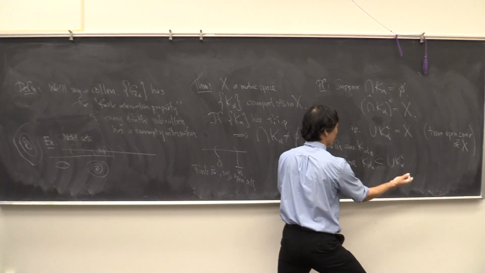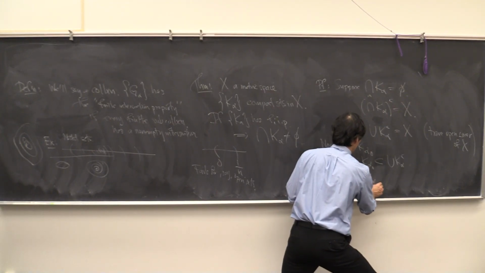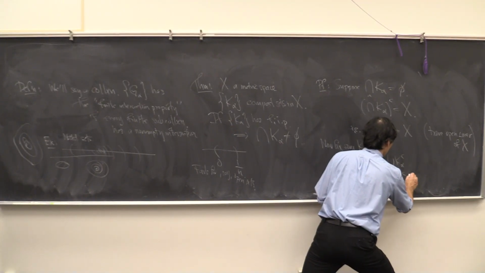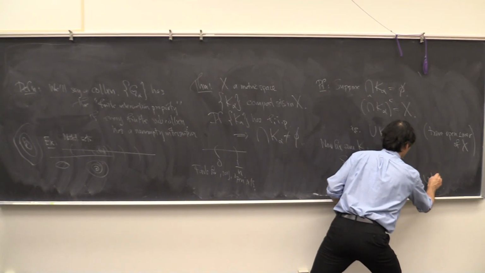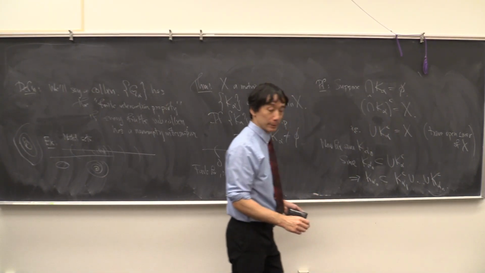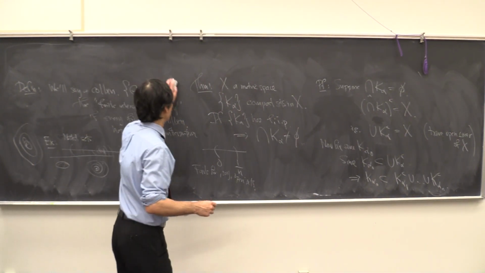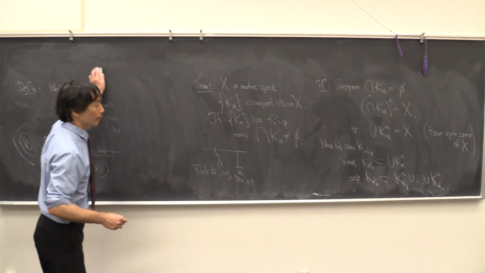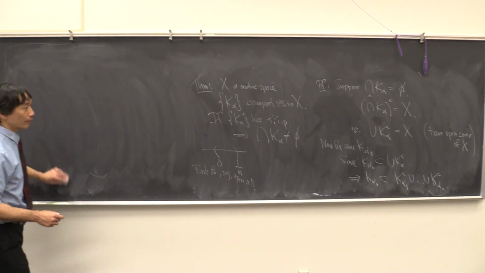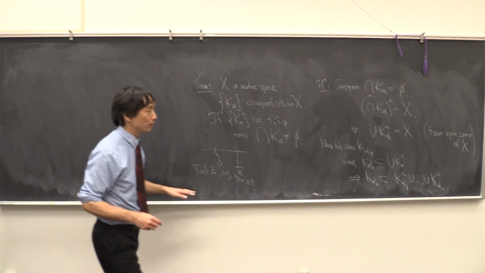Since we have an open cover of K alpha naught, there exists a finite subcover. So K alpha naught is included in some union of K alpha 1 complement through K alpha n complement. Okay, so far so good?